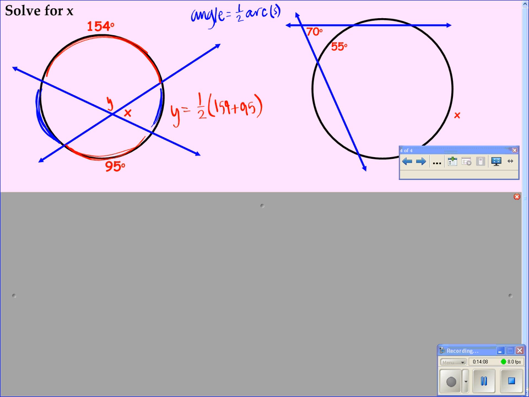Okay, so we put that in the calculator. What answer do we get? Did you times it by 1/2?